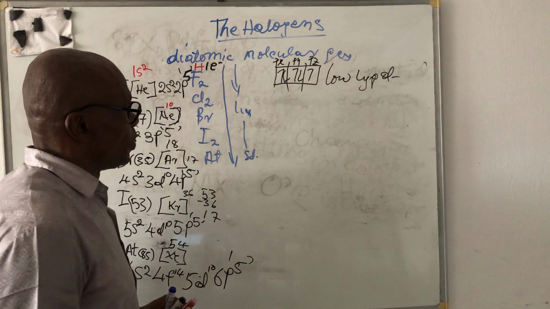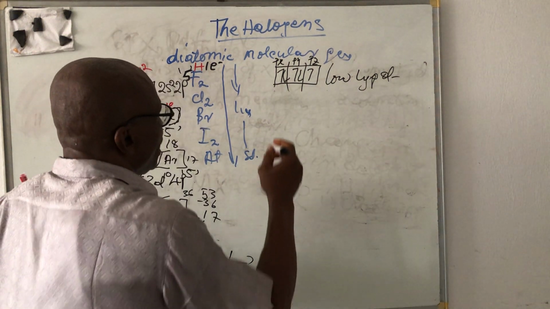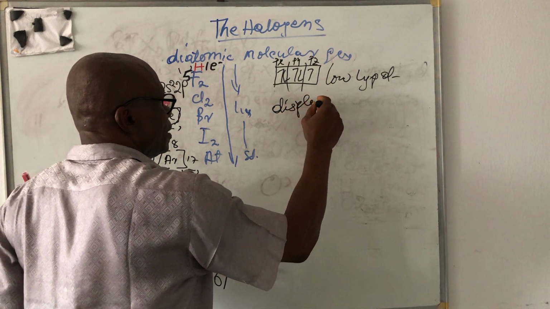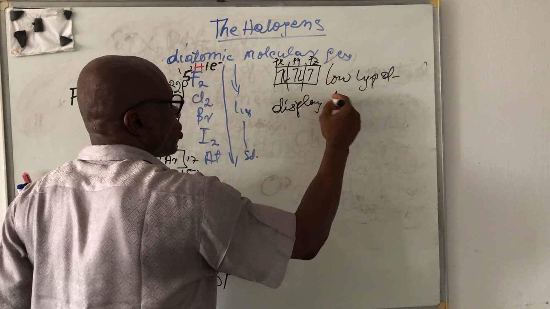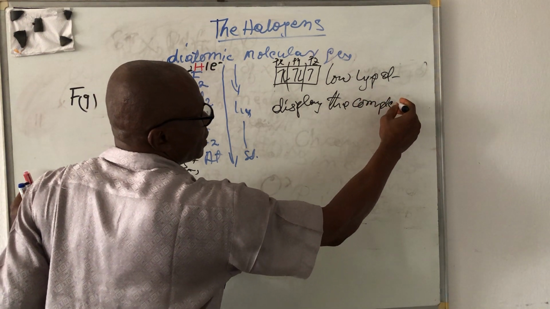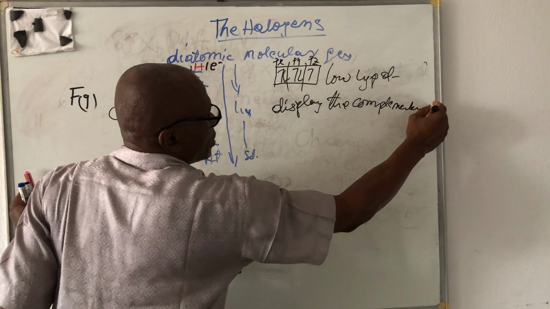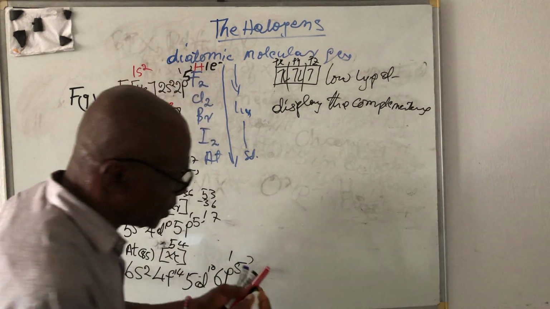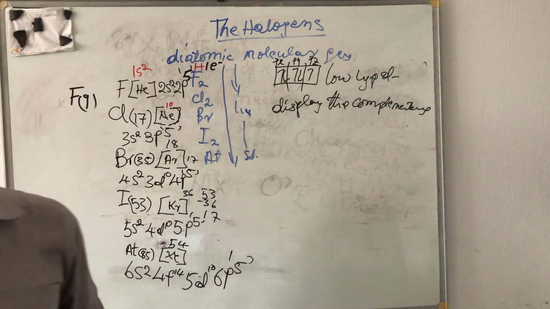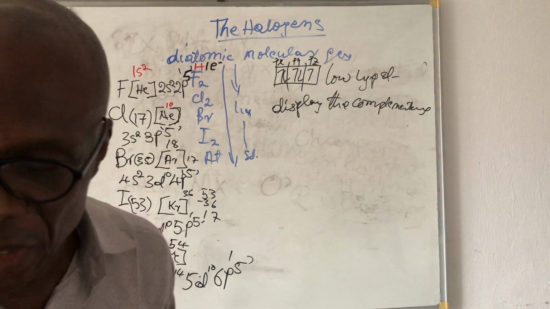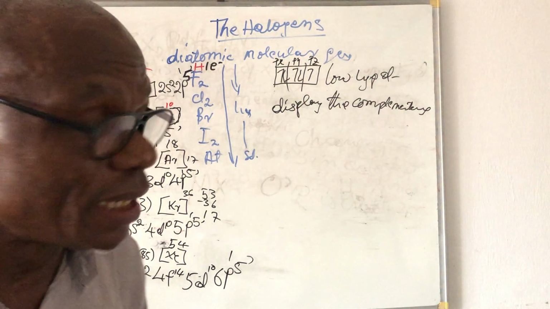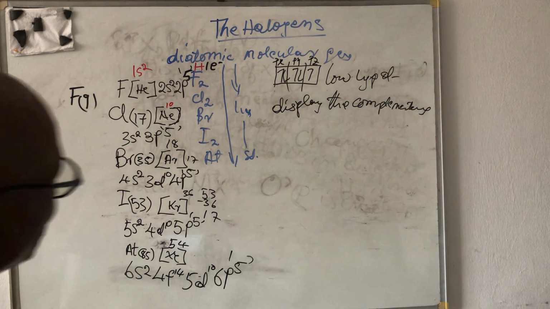When they absorb, they will display the complementary color after having absorbed light at a certain wavelength from white light.